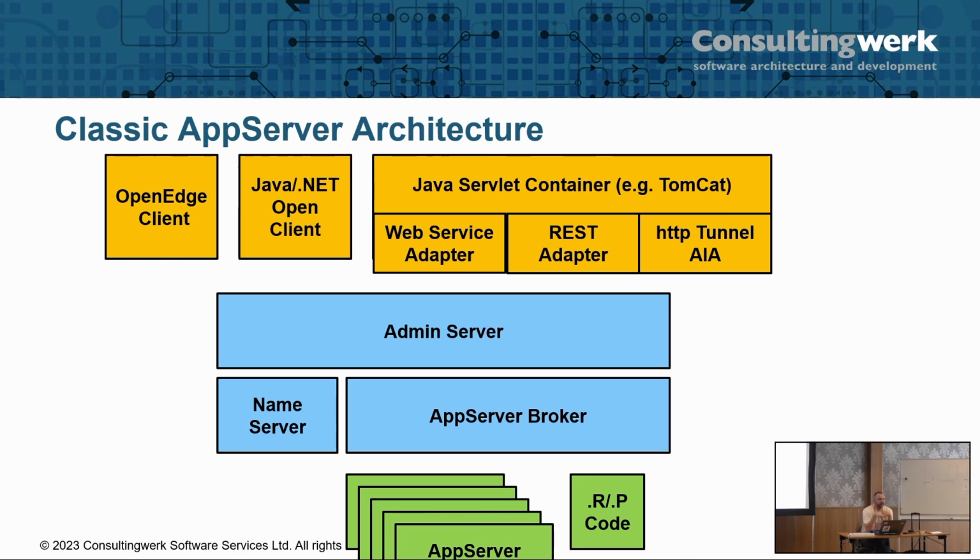Then, well, connecting a Progress client to that app server was relatively simple. But it started to be harder when you, for instance, want to expose something to the internet. Then you need the AIA, what was it, the App Server Internet Adapter. Right, so it was not so easy to maintain, deploy, and especially not automatic.